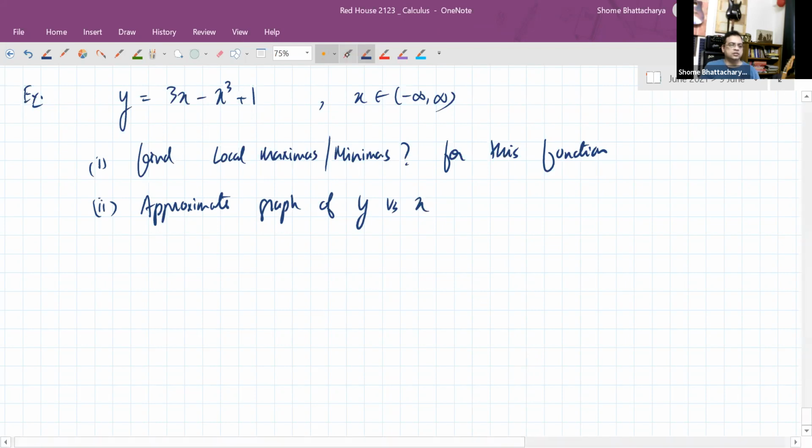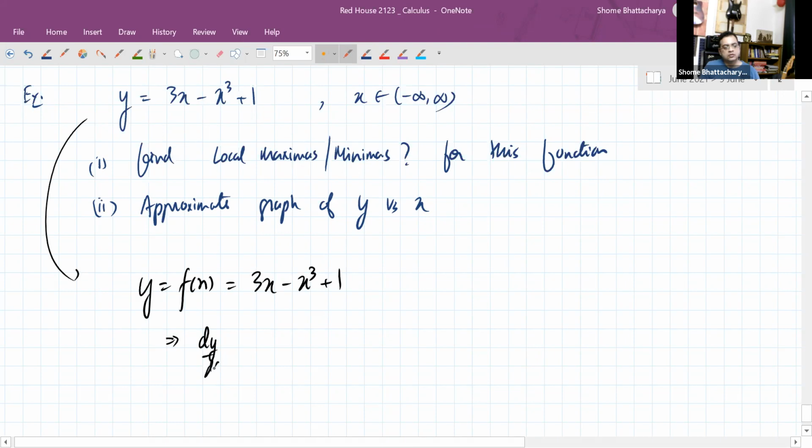So the first thing we see while analyzing this type of function is the derivative of the function. We can see that f prime x, or the derivative, is 3 minus 3x square.